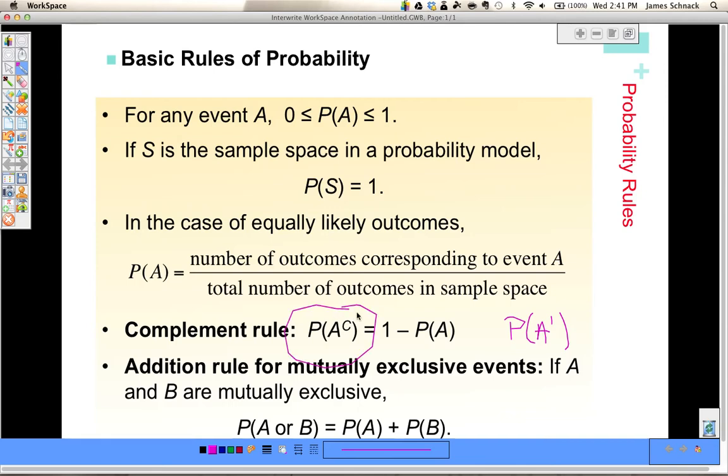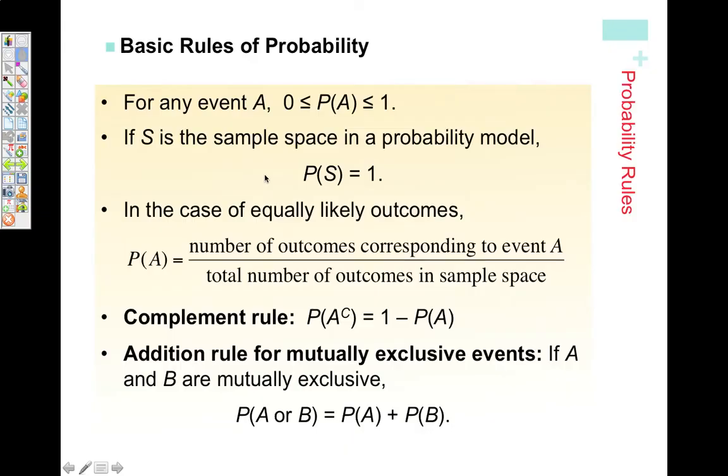That means the same thing as A complement. Depending on what you're looking at, you might see one or you might see the other. And if we have mutually exclusive events, the probability of one or the other happening is just the sum of the two things. For instance, the probability of getting a 4 or a 5 sum, we would take the probability of getting a 4 plus the probability of getting a 5 and add them together.